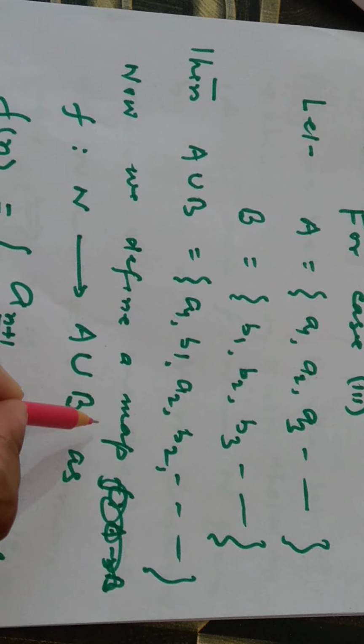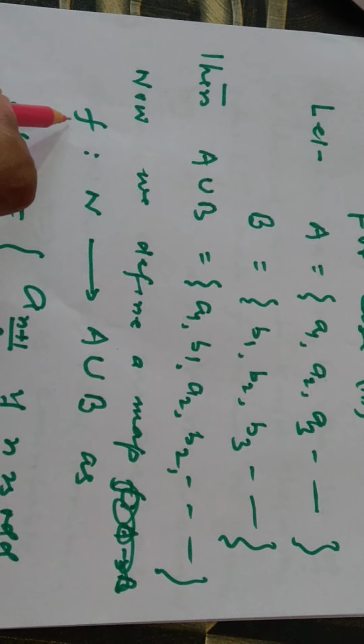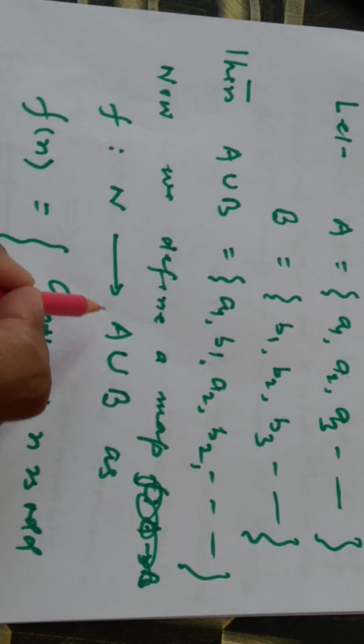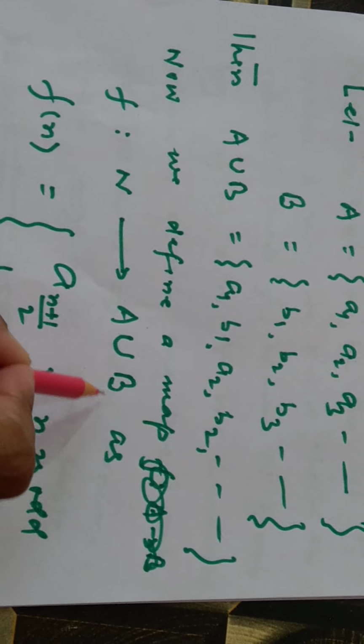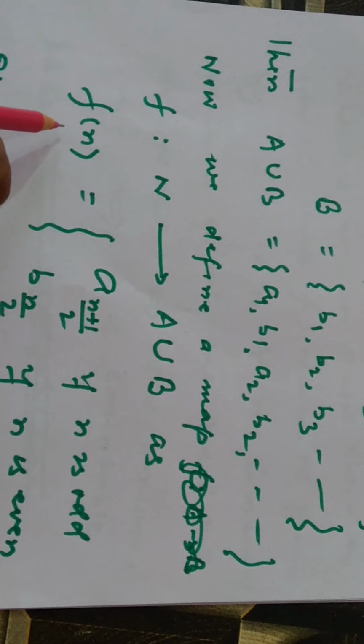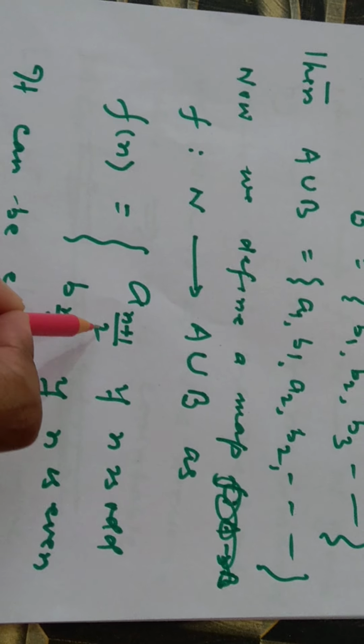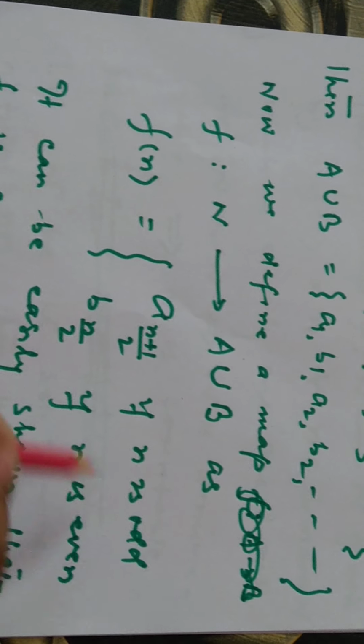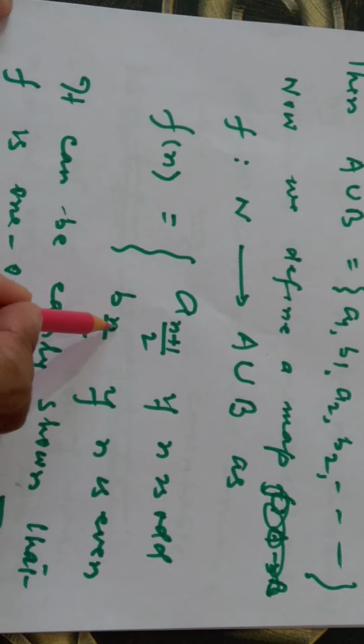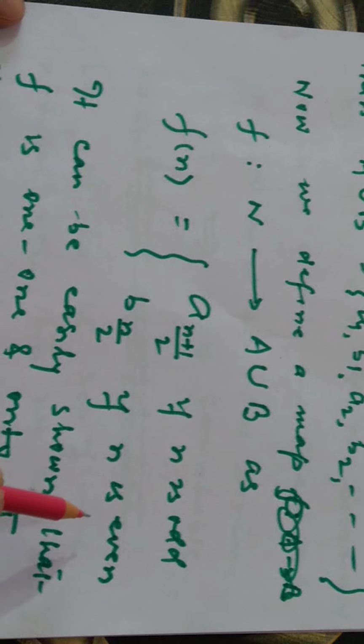Now we define a map f from N to A union B as f(n) equal to a_((n+1)/2) if n is odd, and b_(n/2) if n is even.